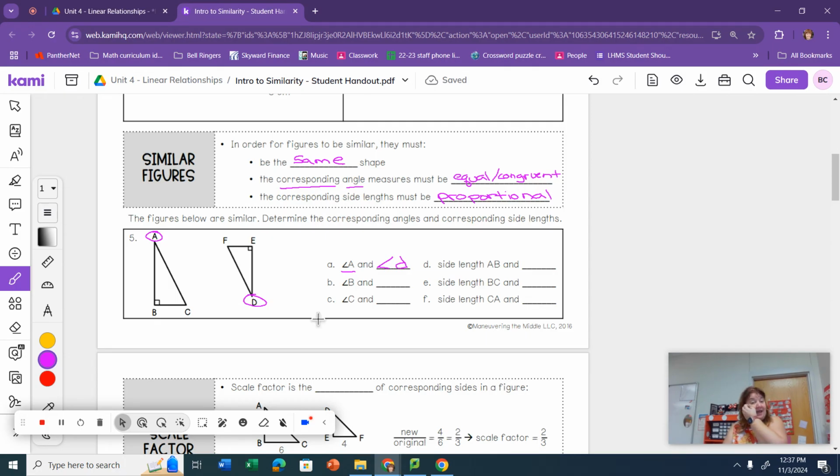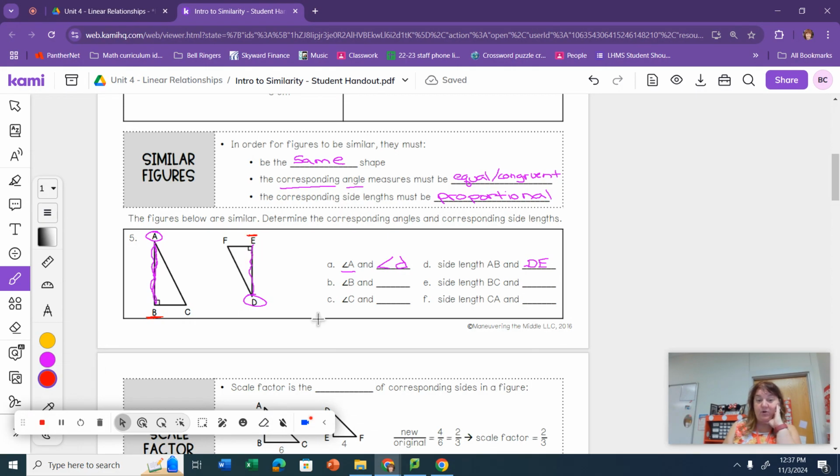So side length AB, let's draw that here. Side length AB, I don't draw very good straight lines, would be the same as DE. So we're going to say DE. Okay. So angle B, let's do a different color. B, that's the right angle.